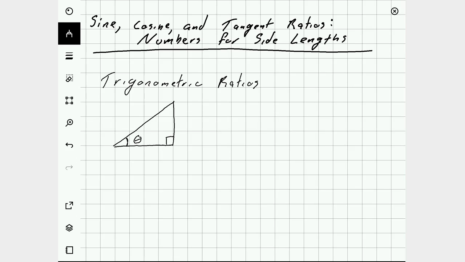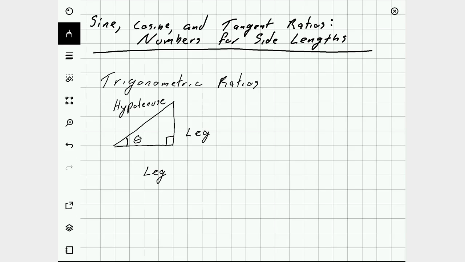Now we have to be a little bit careful here. The side opposite the right angle is still going to be called the hypotenuse. But now we have oriented this triangle.